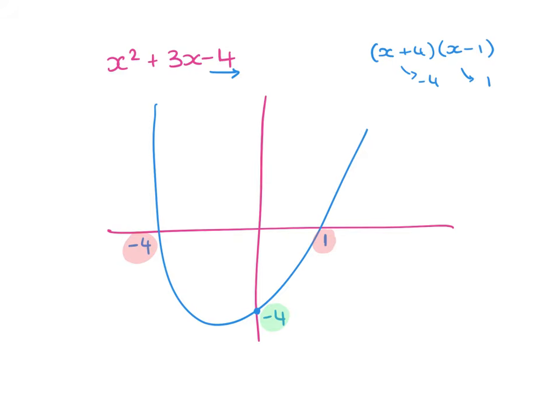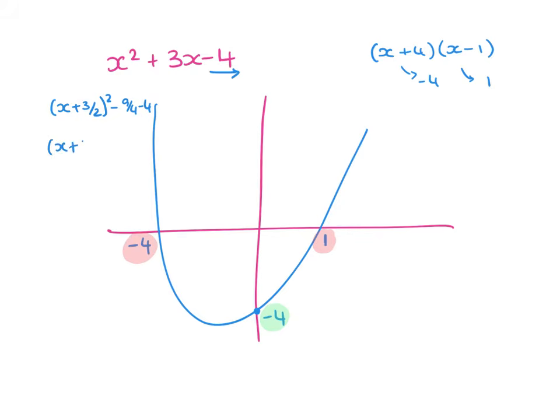Okay? Then the next mark you're going to get is you need to complete the square to find the minimum point. So we're going to have x plus 3 over 2 squared minus 3 over 2 squared is 9 over 4 minus 4, 16, so minus 25 over 4.